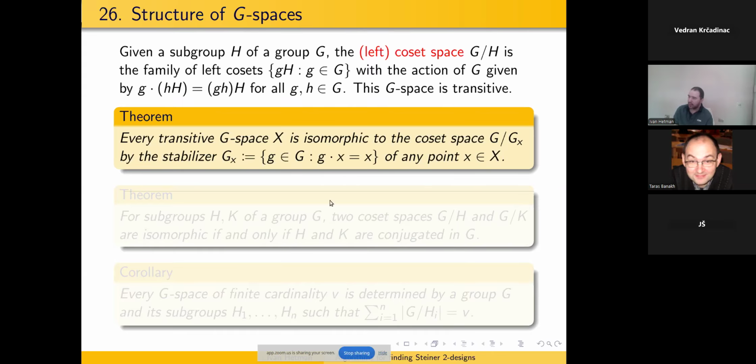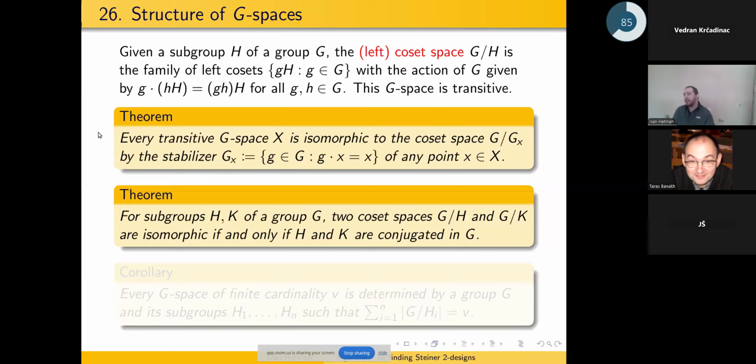So this theorem shows the structure of transitive G spaces. Transitive G spaces, we can consider them as some coset spaces.